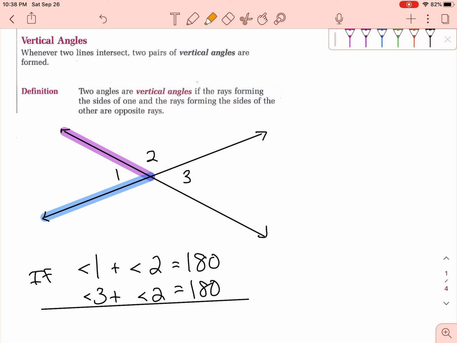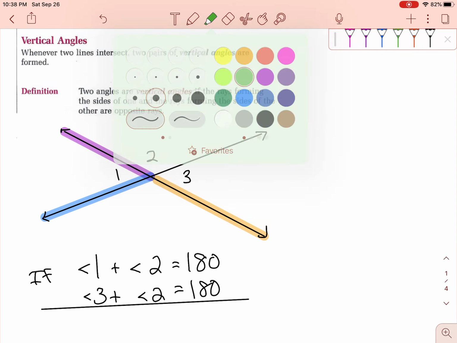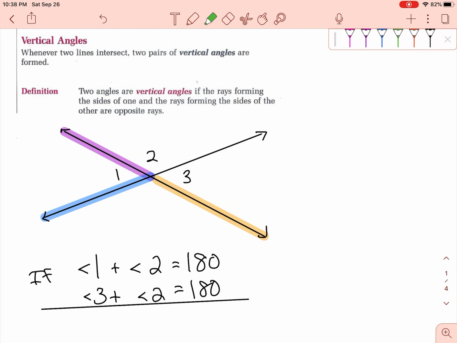If I were to trace the opposite of the purple, this is the opposite ray of the purple, and if I were to trace the opposite of the blue, this is what I get. Okay, so here's my blue right here, and here's my purple right here. You guys can see the opposite. Sandwiched in between the blue and the purple are angle 1 and angle 3.